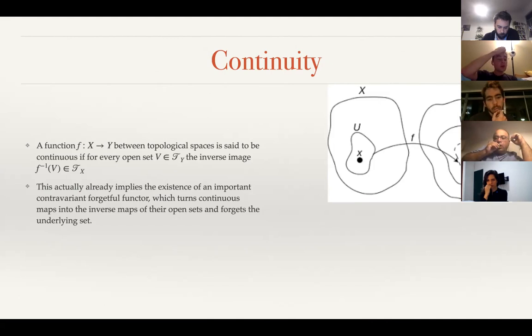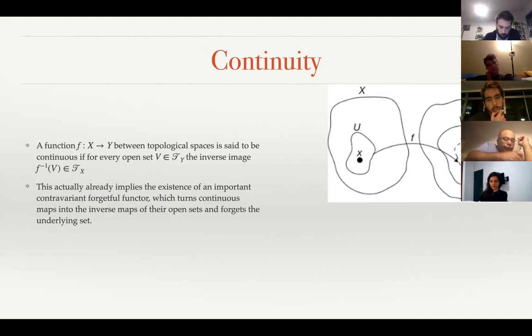The important thing to realize is the definition: a function from X to Y between topological spaces is continuous if for each open set in the codomain, the inverse image is open. So if you take an open set where you're going, and you go back and it's still open, then it's a continuous function.